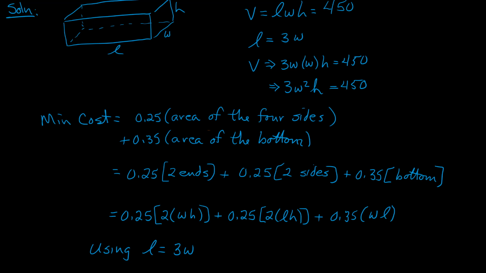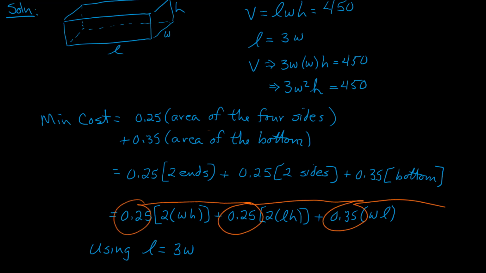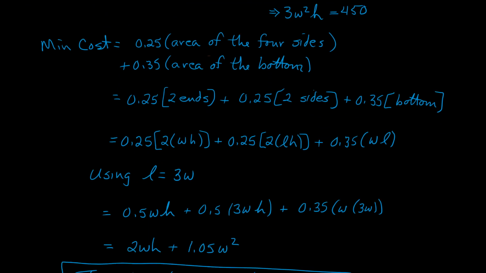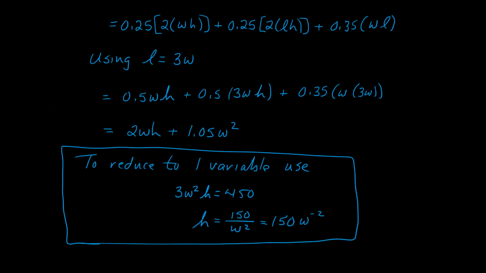Now we have a cost function: the price of the material for each portion of the final container times the area for each. I'm also going to substitute in that the length is 3 times the width.